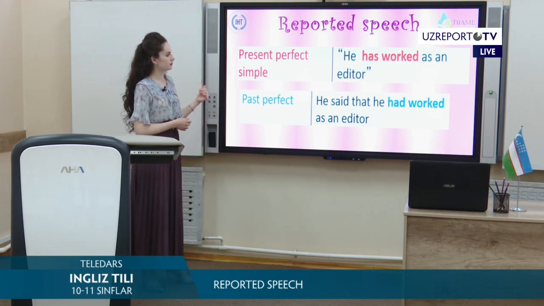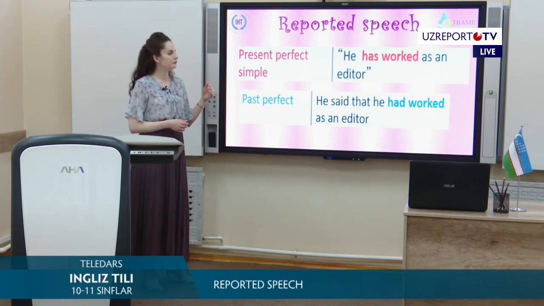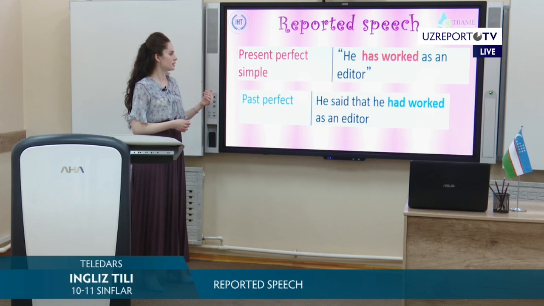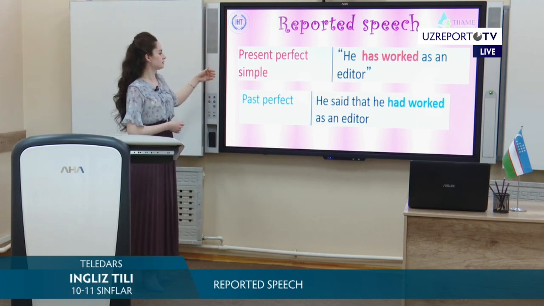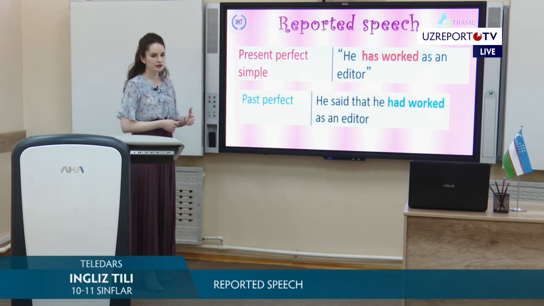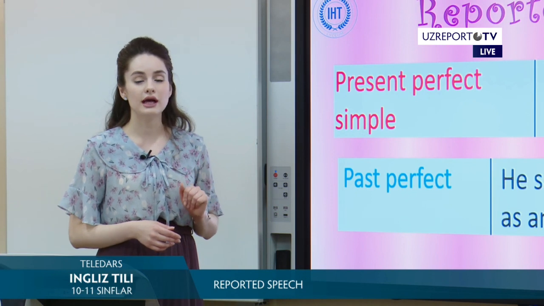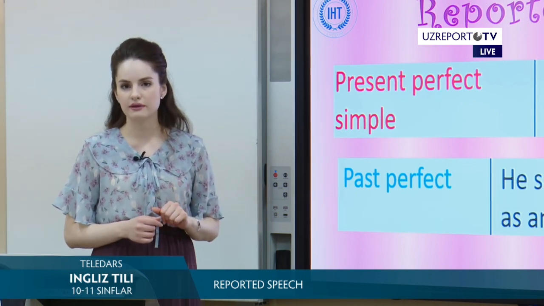So, sentence itself. He has worked as an editor. Has worked is in present perfect. Present perfect we use to transform into past perfect. Actually, when we use past perfect, it means that we have two actions, and both of them in the past.